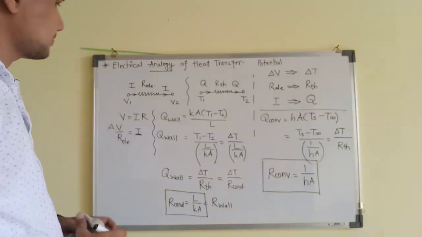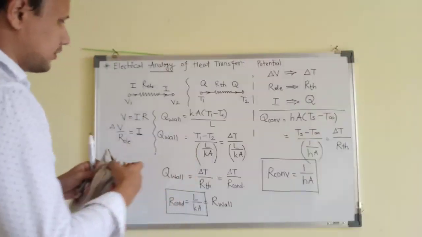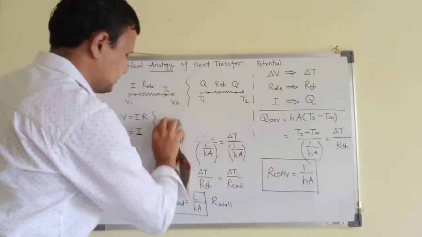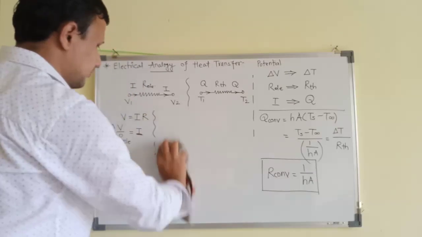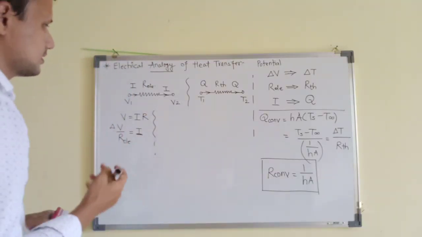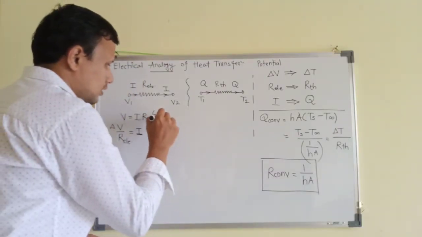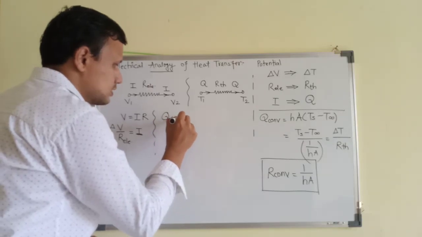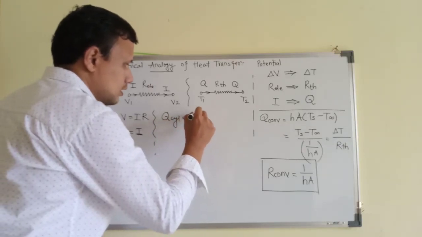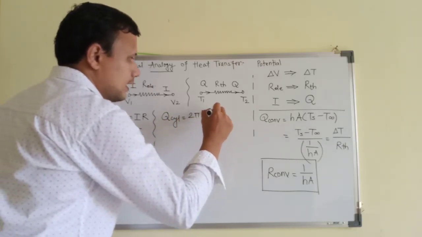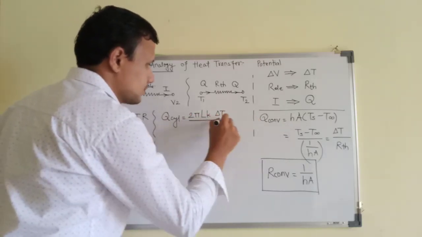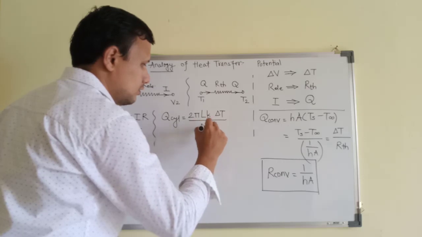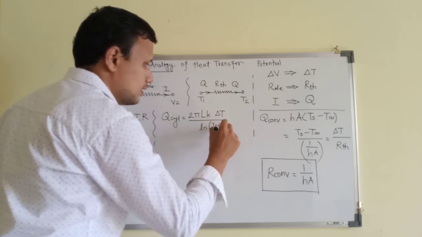When we switch to the geometry of hollow cylinder and hollow sphere, we will reorganize their analytical equations so that we get their thermal resistances. Like for hollow cylinder, we have derived the equation 2 pi Lk (T1 minus T2). I will write it directly as delta T upon ln of R2 by R1.